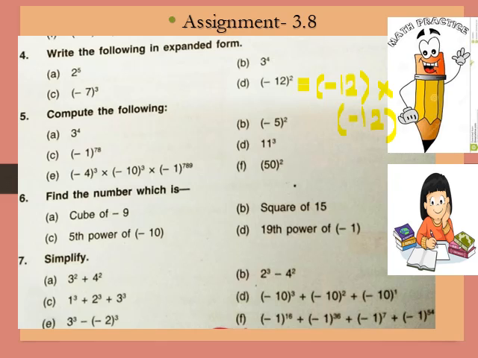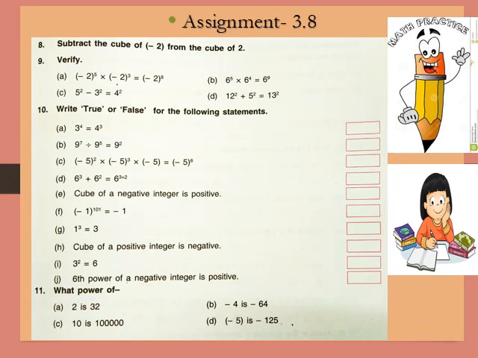So we will write minus 12 multiplied by minus 12. How many times will we write minus 12? 2 times. Why will we write 2? Because the power is 2. In this way you have to complete the remaining questions.